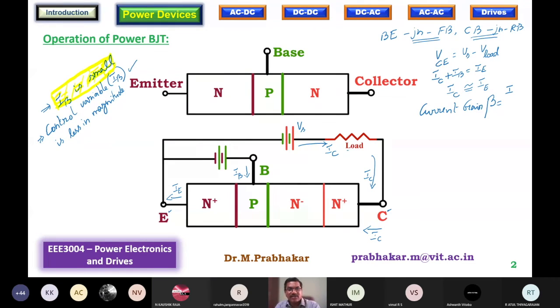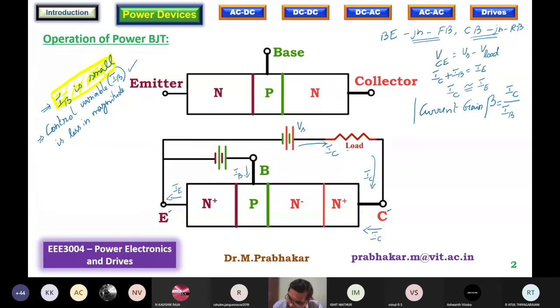The base layer is just 20 micrometer in thickness, whereas the collector layer is 250 micrometer in thickness. Where will charge carriers be more? Base is moderately doped, collector is heavily doped. Collector current will be extremely higher. So current gain is given by IC by IB, of course at constant VCE.